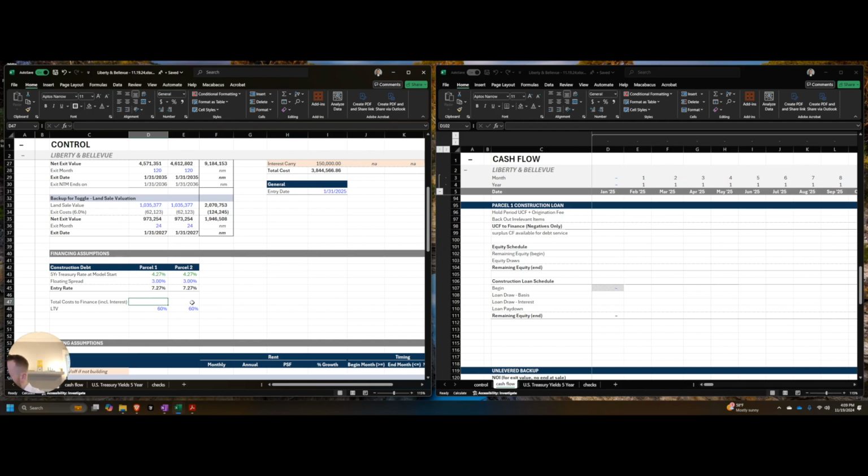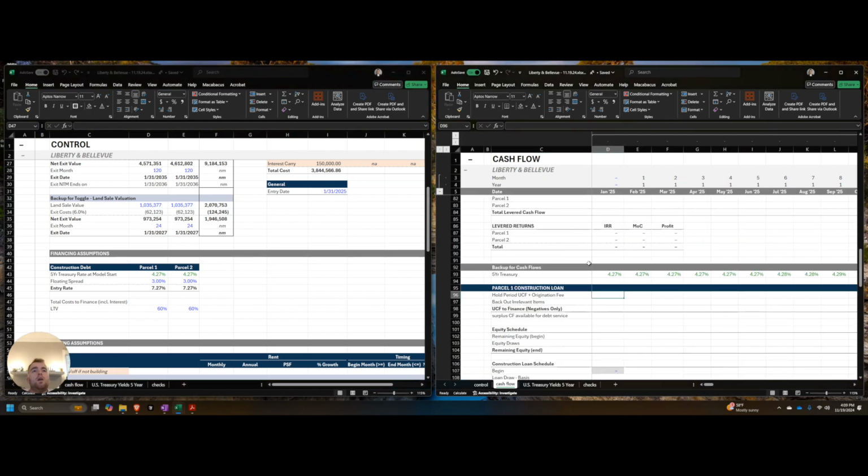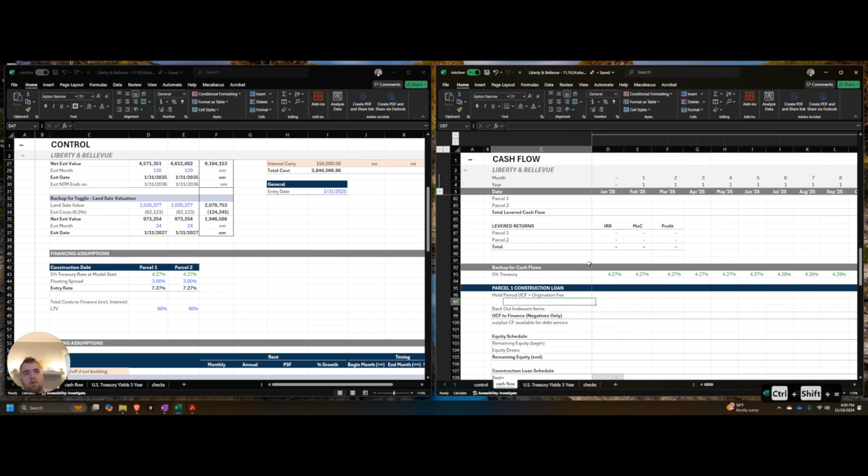And then total cost of finance is going to be, you don't have to finance the entrance. So yeah, okay. Origination fee. Back out irrelevant items.